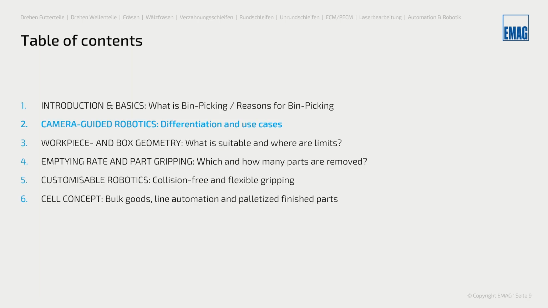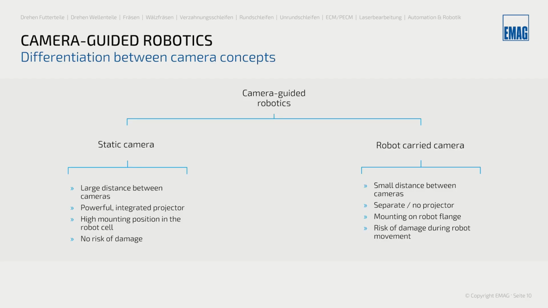So let's go on to the next topic today, camera and robotics. Differentiation of the use cases. Like I said, we have different use cases, but first let's talk about camera-guided robotics in general and the differentiation between camera concepts. We have steady cameras on the one hand and robot camera systems on the other hand.